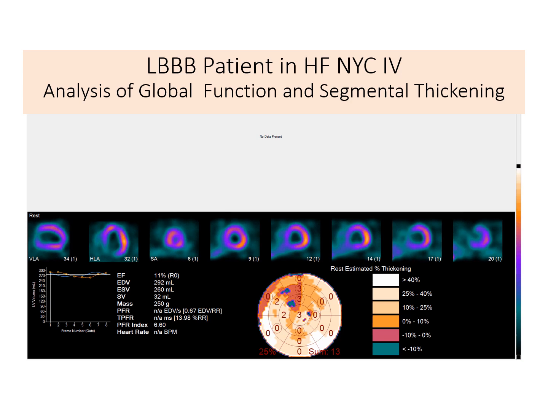But if we look at the function, you see that the ejection fraction is quite poor, it's 11%, and very large end-systolic volumes. Here what you're looking at is the thickening polar map, where you have a variety of thickening, including negative thickening or thinning, which tells you it's paradoxical, not only motion, but thickening.